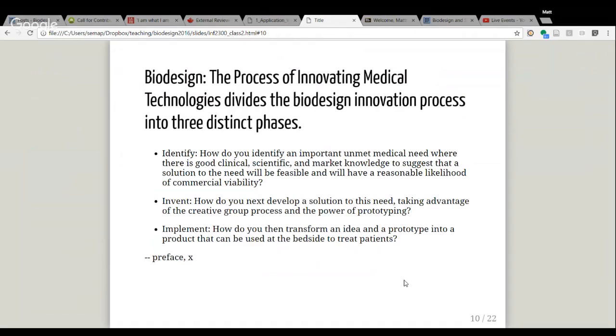How do you then transform an idea and a prototype into a product, into something that can actually scale, be sustainable, and be deployed into the real world? This class will focus primarily on identification and invention, but we will certainly talk about implementation, and as I just noted, implementation not just in terms of standard market mechanisms, but using other forms of sustainable means for creating and sustaining biomedical interventions.